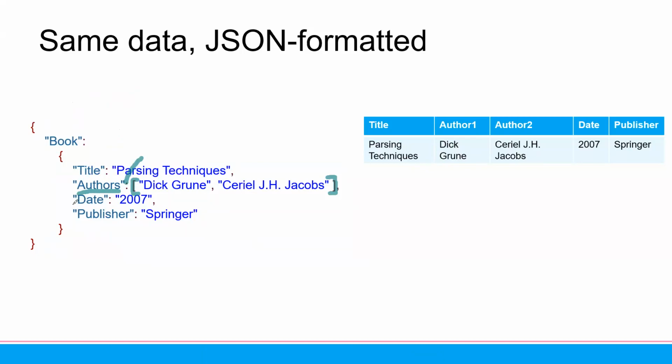The date, okay, in this case, I think the year, 2007, and then publisher. Okay, we can see this one. And for every data, we will split with a comma. And at the end, yeah, we can just leave it. So in this case, we have one book.